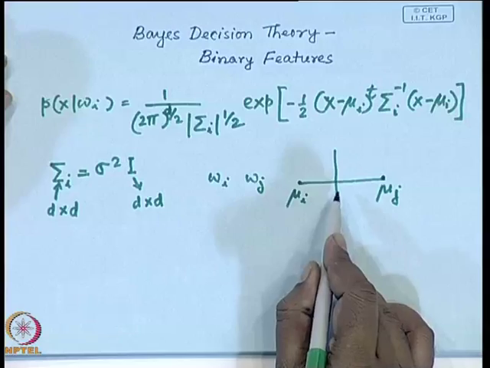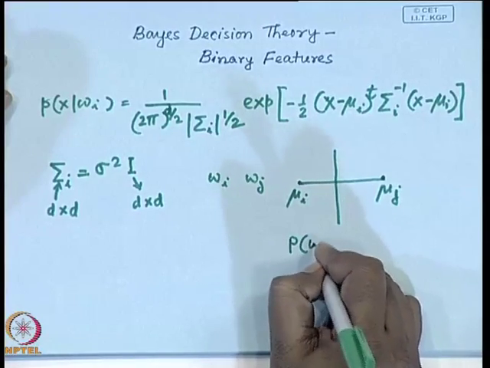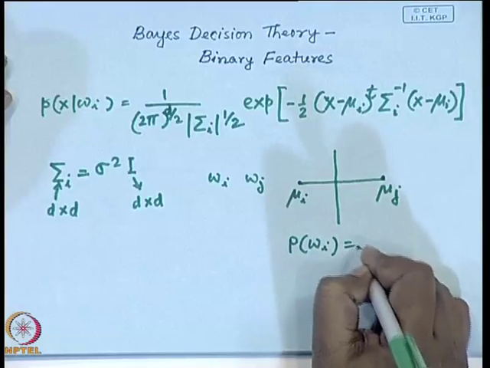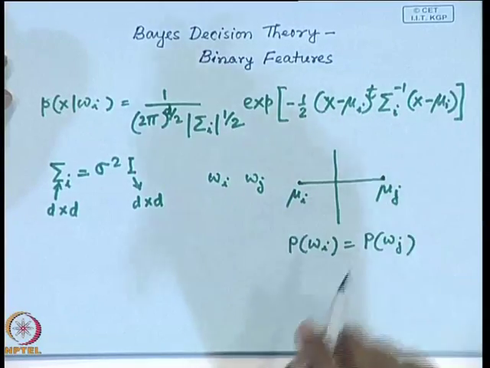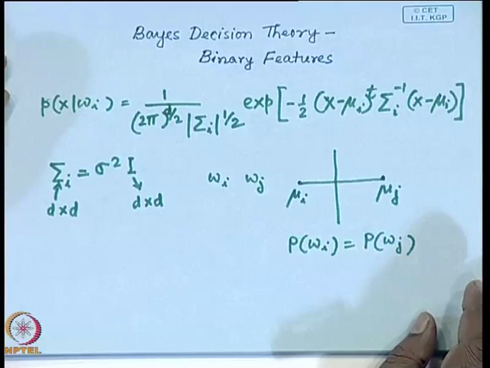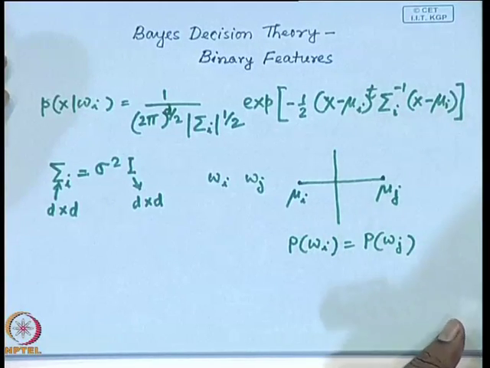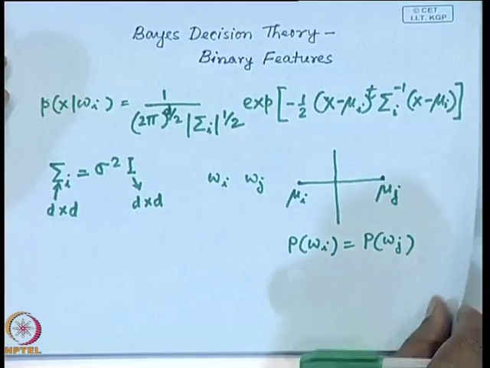Okay. And if the a priori probabilities P of omega I is equal to P of omega j, then this decision boundary or the decision surface becomes an orthogonal bisector of the line joining mu I and mu j. Okay. So, this was our simplest case.